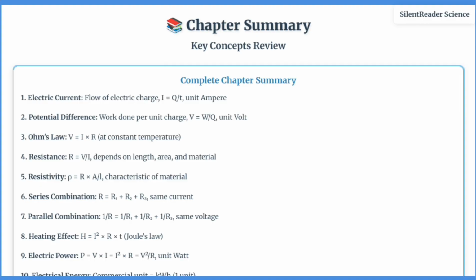The commercial unit of electrical energy is kilowatt-hour. This chapter provides the fundamental understanding of how electricity works, which is essential for understanding more advanced concepts in physics and for practical applications in daily life.